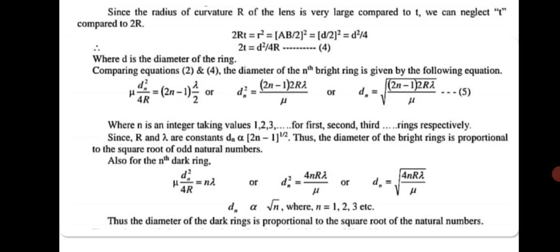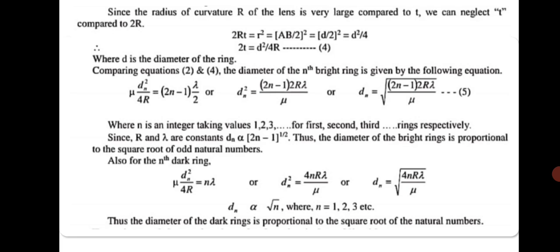Comparing equations 2 and 4, the diameter of the nth bright ring is given by the following equations: mu dn square/4R = (2n - 1) lambda/2, or dn square = (2n - 1) x 2 x R x lambda/mu, or dn = square root of (2n - 1) 2R lambda/mu, call it equation number 5, where n is an integer taking values 1, 2, 3, etc. for the first, second and third ring respectively.